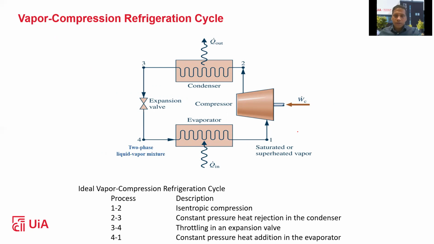As you can see in this figure, this is a compressor and this is a condenser. If I ask what the basic units of a vapor compression refrigeration cycle are, you can say there are four: the compressor, the condenser, the expansion valve, and the evaporator. These are the four units that we use in a vapor compression refrigeration cycle.